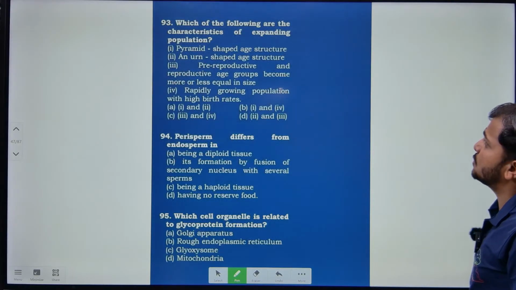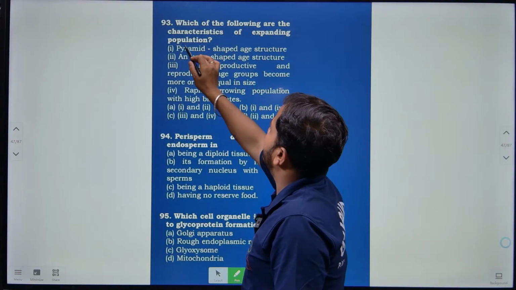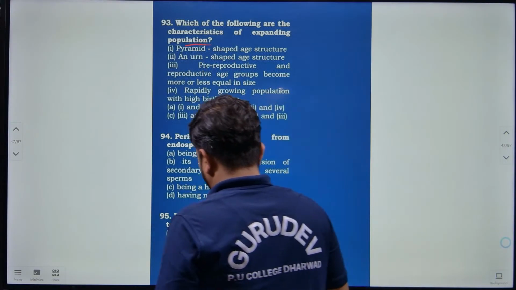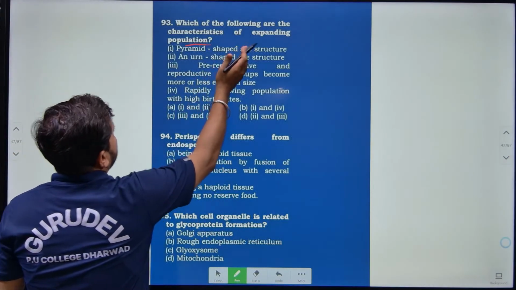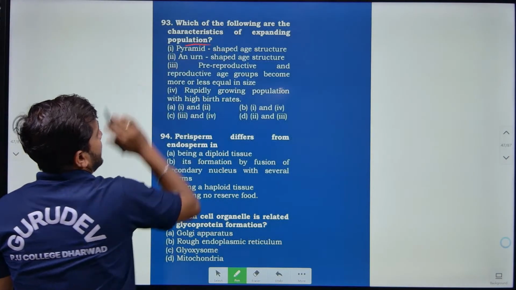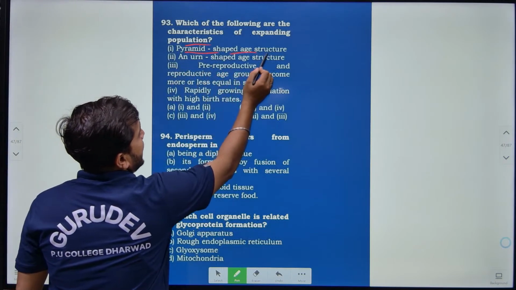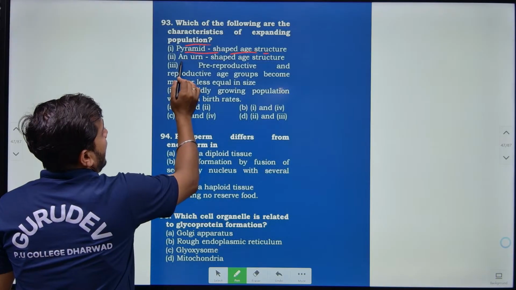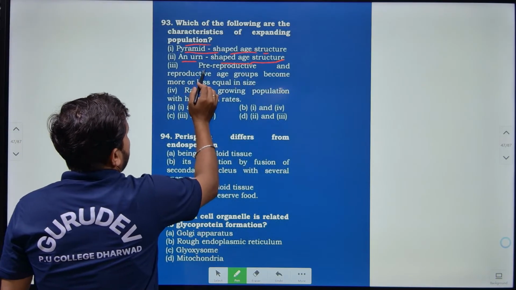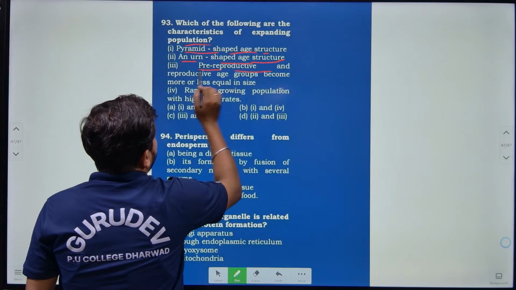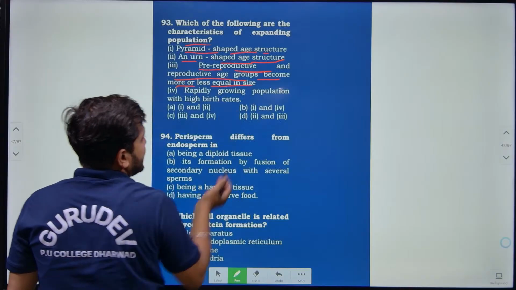Then the next question: which of the following are the characteristics of an expanding population? The options say: a pyramid shaped age structure, right? Then a bell shaped age structure, and the pre-reproductive and reproductive age groups becoming more or less equal in size.